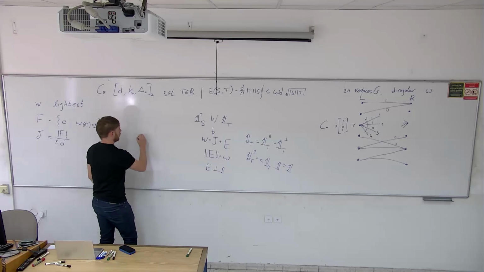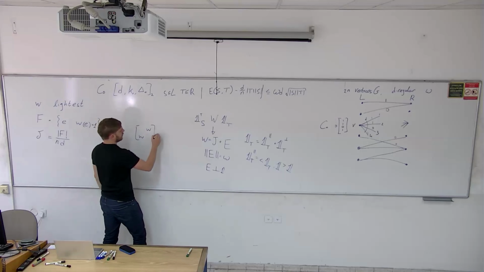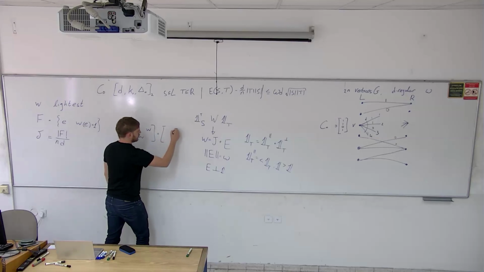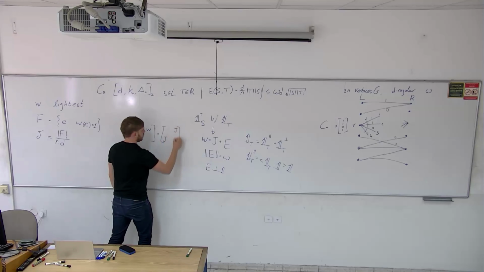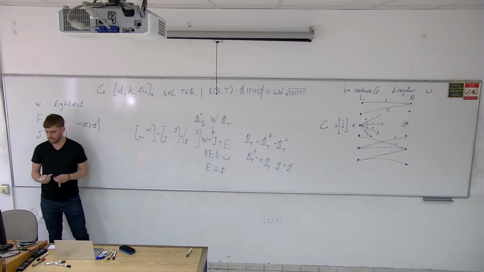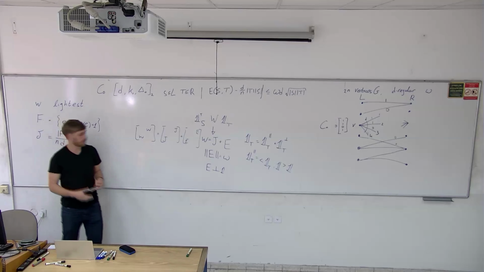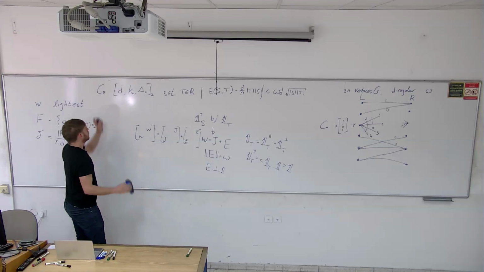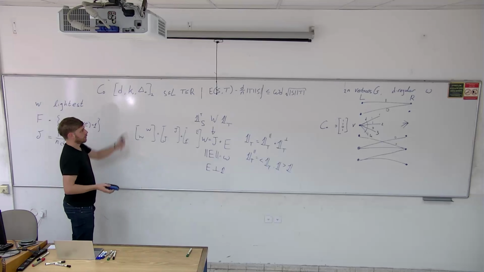You have the matrix W, and you can write it as J plus E, and everything works just the same. This is the expander mixing lemma for bipartite graphs.